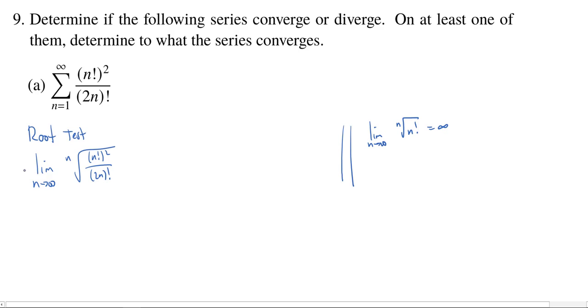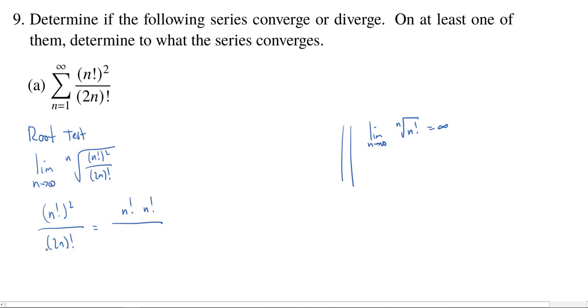Instead of jumping into this limit, we're just going to play with the underlying sequence a little bit. So I have n factorial squared over 2n factorial. So of course n factorial squared means I'm doing n factorial times n factorial. And I'm going to break up this 2n factorial as well.